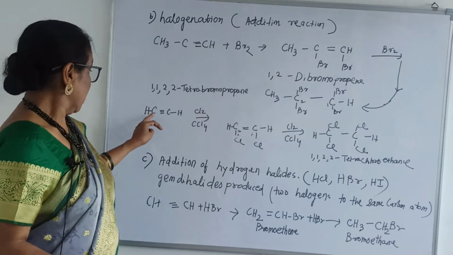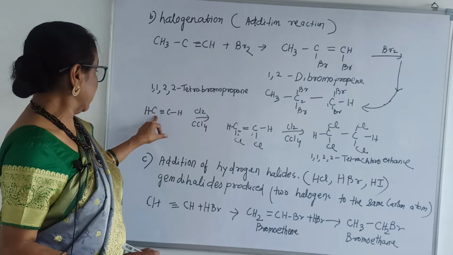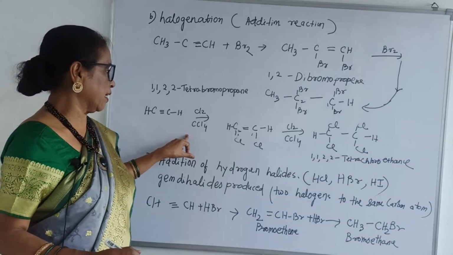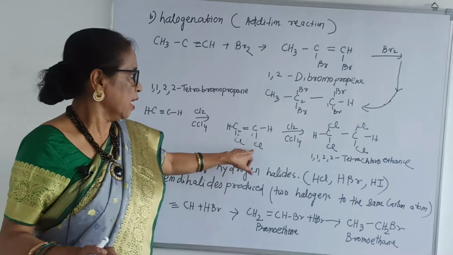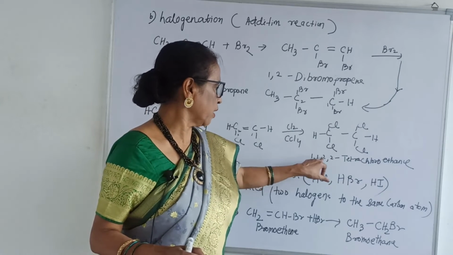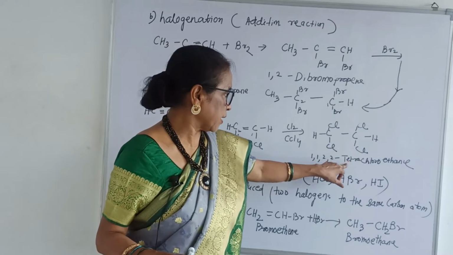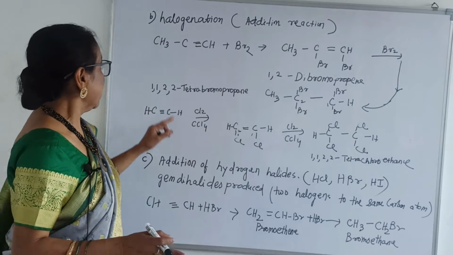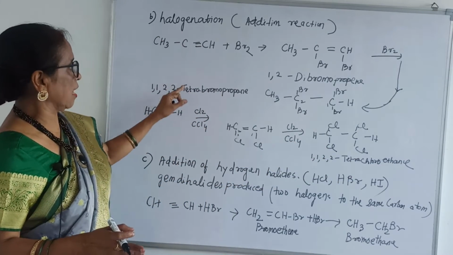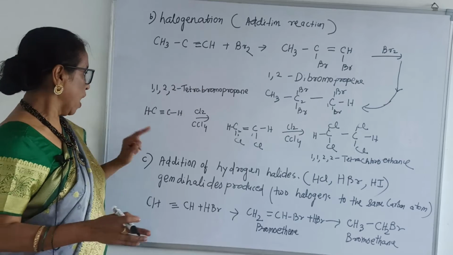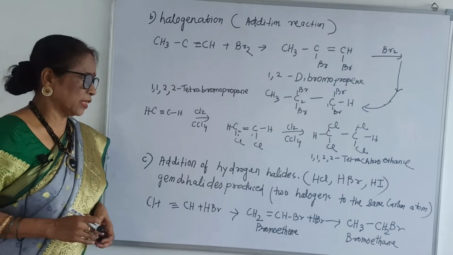So what is it then? CHCl2-CHCl2, chlorine is added, so here chlorine, not bromine, and here also chlorine. So the name is 1,1,2,2-tetrachloroethane. Here with 3 carbons it is tetrabromopropane.